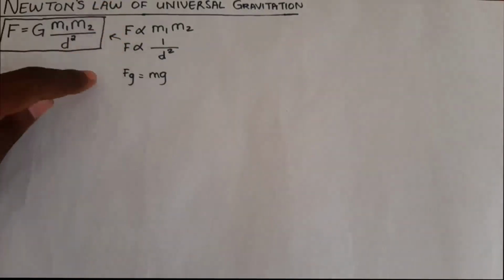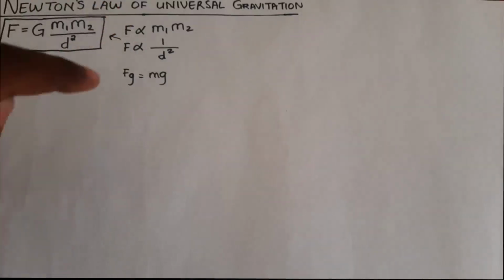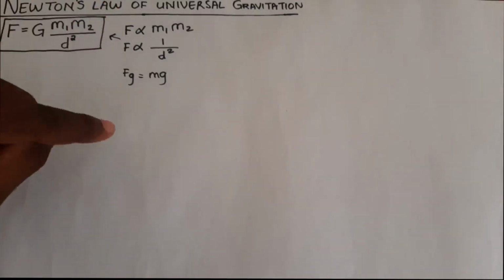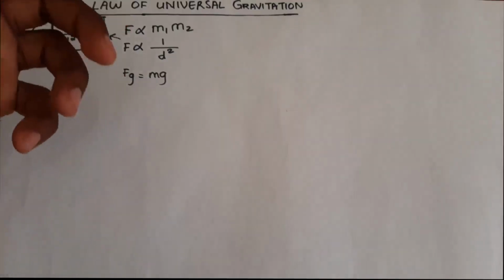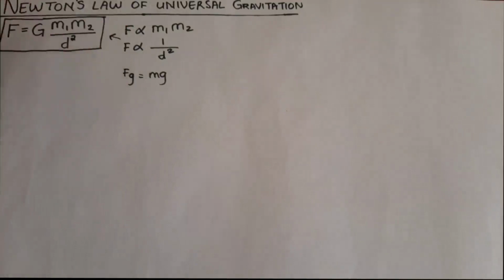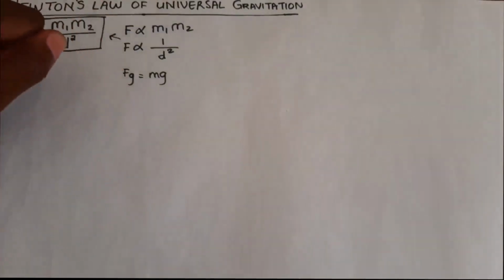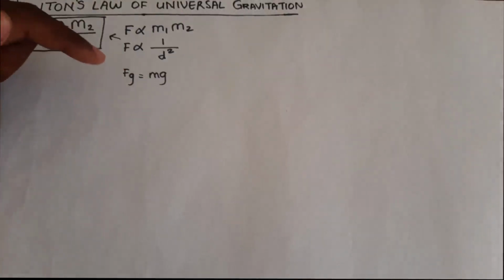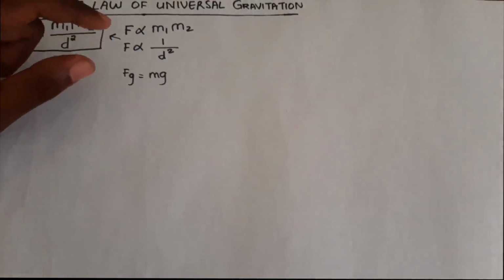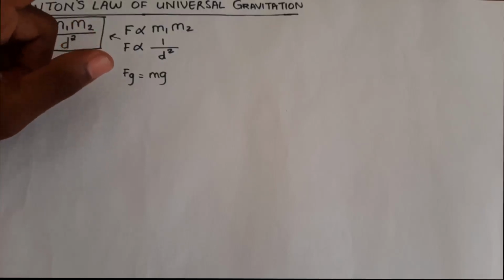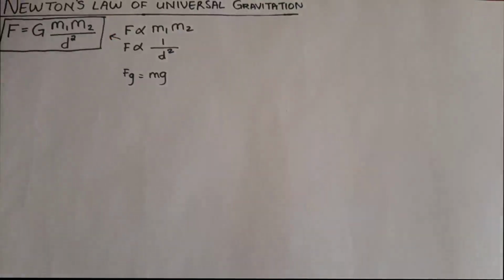The gravitational acceleration is the acceleration whereby the earth is accelerating the object downwards at 9.8 meters per second squared. The gravitational force is the force applied by the earth on the objects, so that the objects can move towards the earth's surface. I hope you get me.